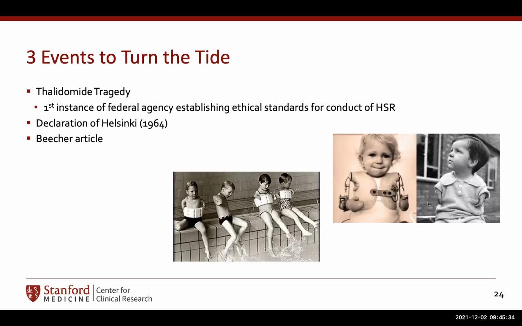This took place over a couple of years, and by 1962, it became very apparent that thalidomide was what was causing these deformities and children to be born with complications, and it led to public outrage and outcry of, wait a second, shouldn't someone be protecting these children, these women, and human subjects in general?